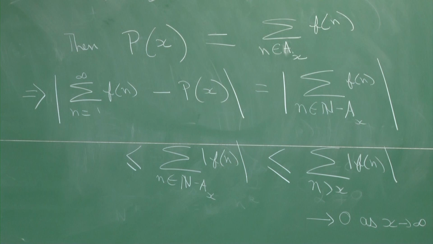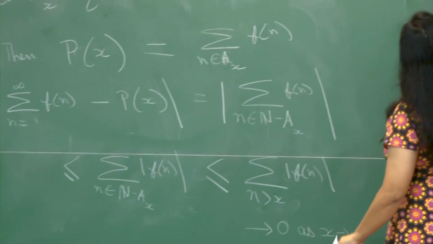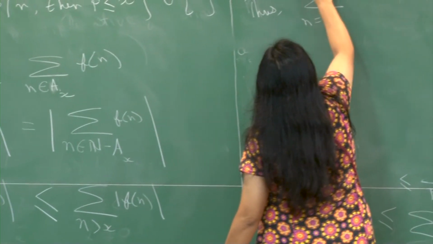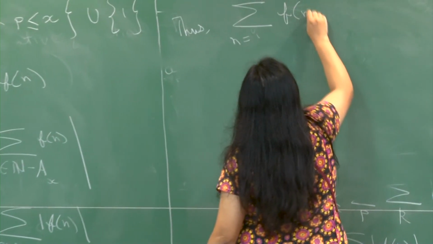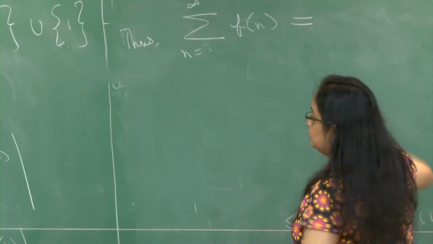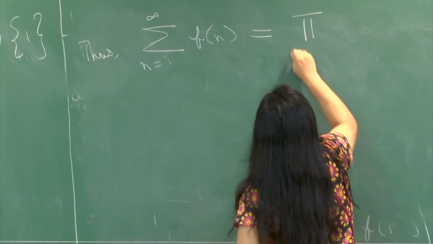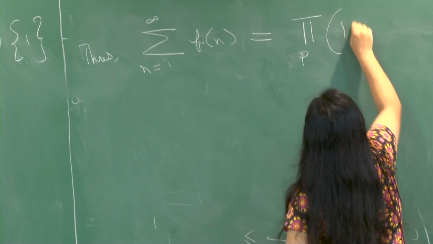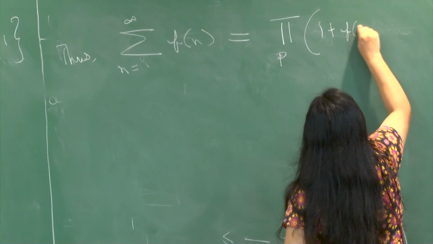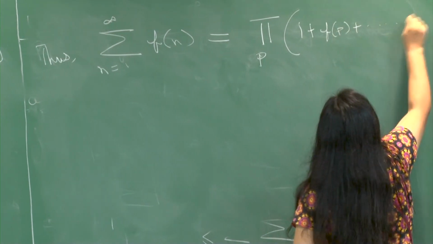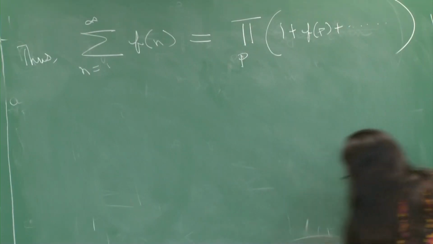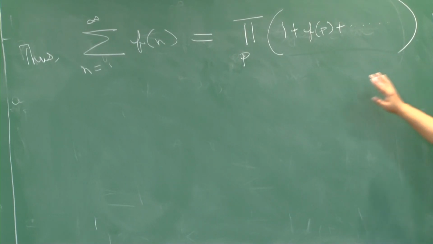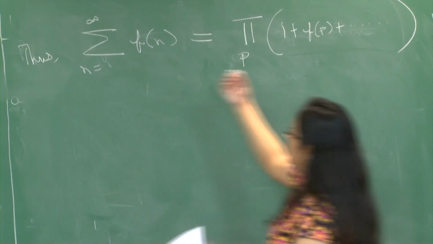Thus, the summation n going from 1 to infinity of f of n is equal to the product over all the primes of 1 plus f of p, and corresponding to each prime p, this sum is very frequently called an Euler factor.